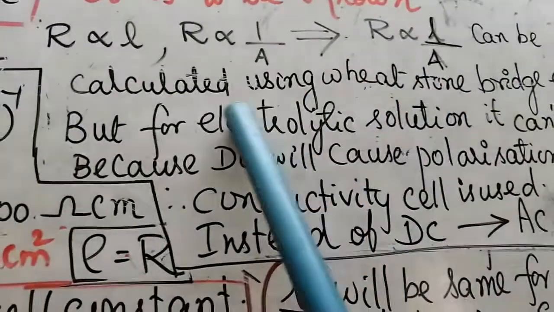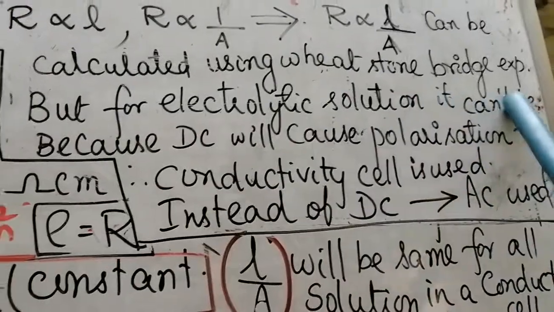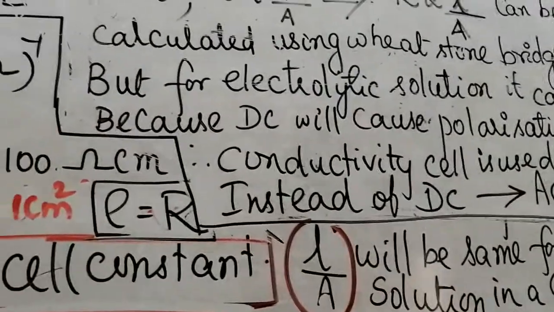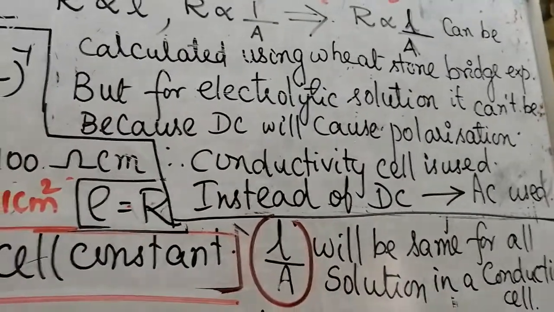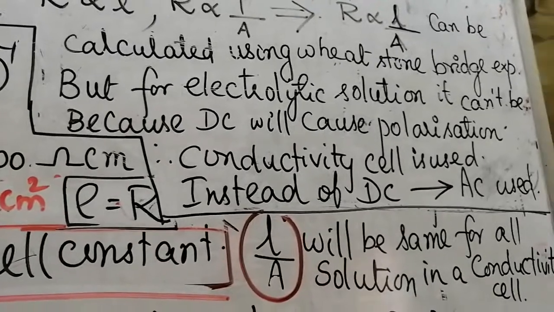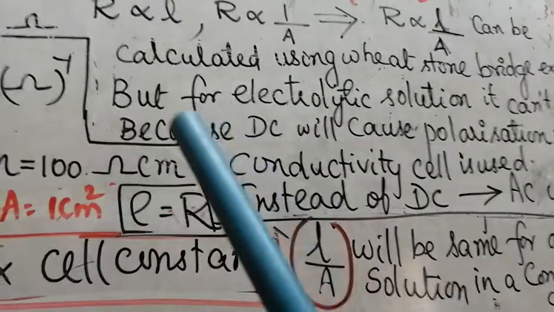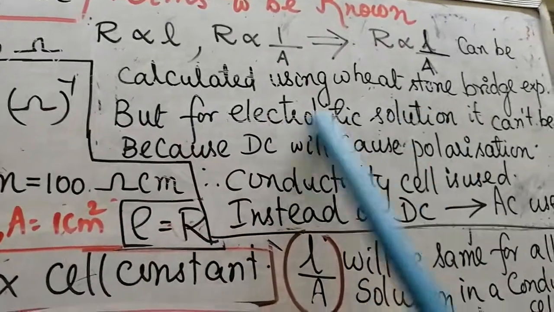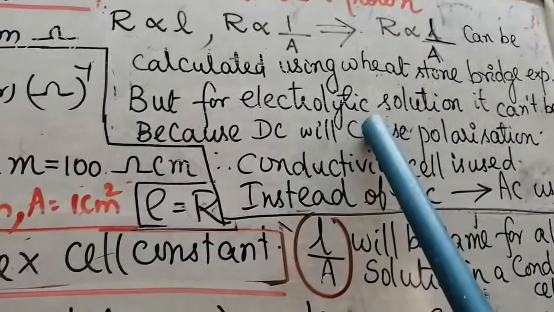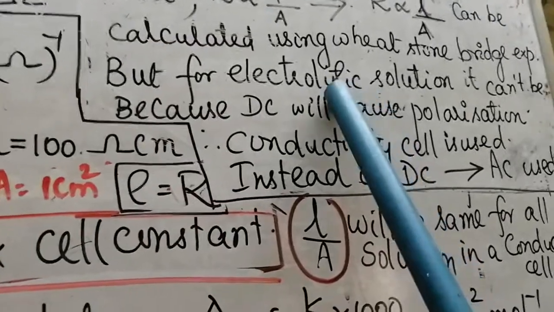This can be calculated using the Wheatstone bridge experiment. But in the Wheatstone bridge experiment, we can calculate the unknown resistance of a wire. If we have an electrolytic solution, how can we connect it like a wire?